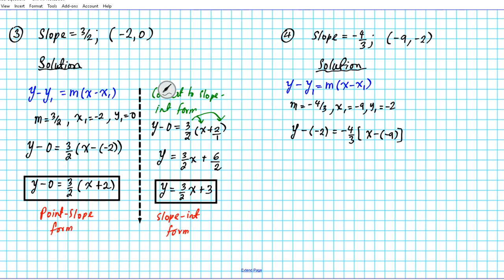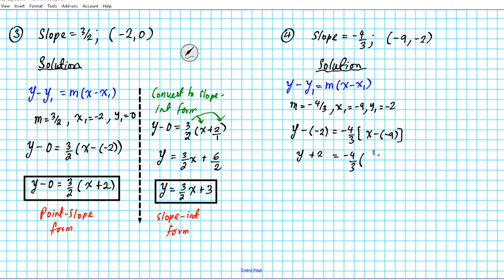Okay? So is this the point slope form? No, we have a product of signs that has to be resolved here. So let's go ahead and resolve that. Here we have a product of two signs that are the same. Whenever you multiply the same signs, you always end up with what? Positive. Minus times minus, slash and dash. y plus 2 equals negative 4/3.